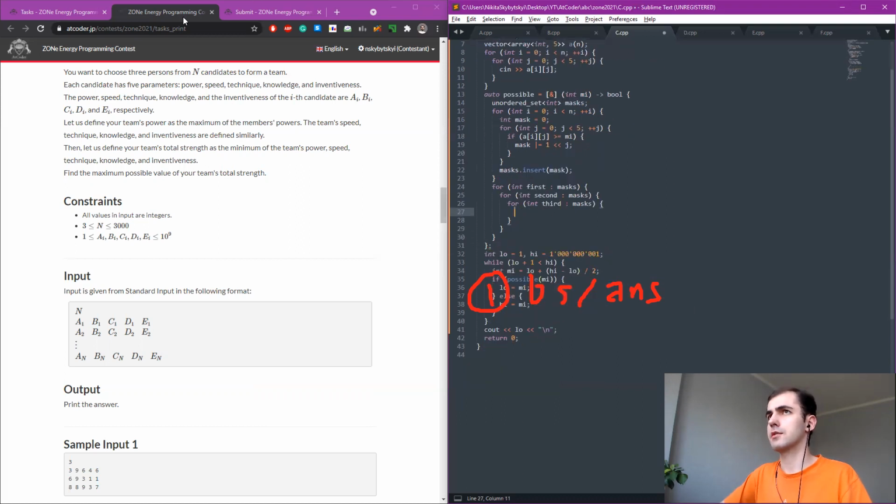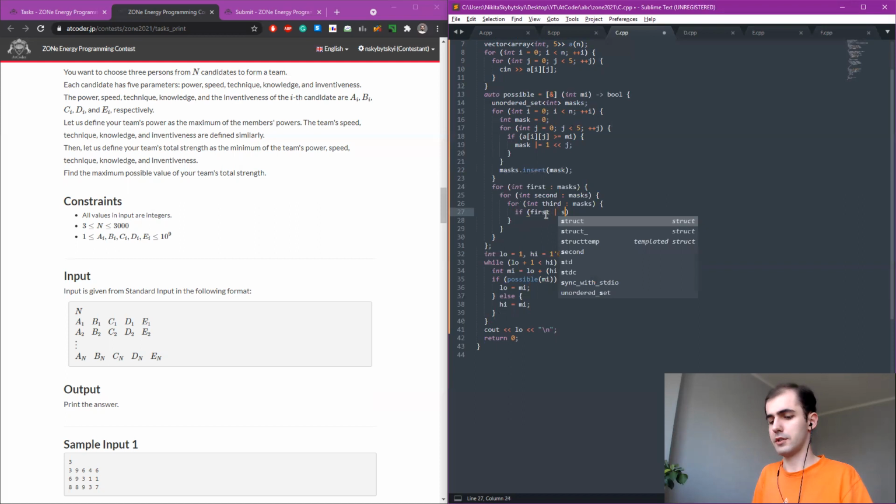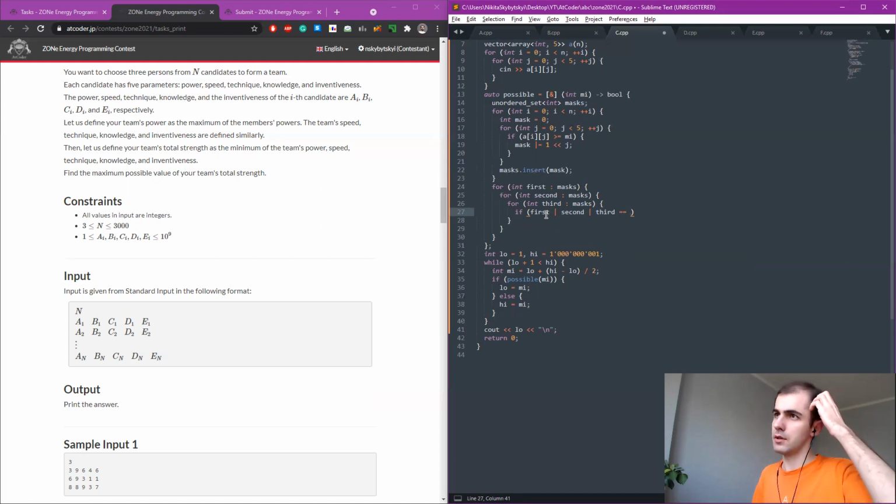There are more efficient techniques, but I don't really care. If first or second or third. And we don't care about overlaps in people, it just means that we have some extra cool numbers. It doesn't make us any good to take twice the same person because then the bitwise OR will be just this. Right? So if the bitwise OR is 31, which is of course 2 to the 5th minus 1 on this one.